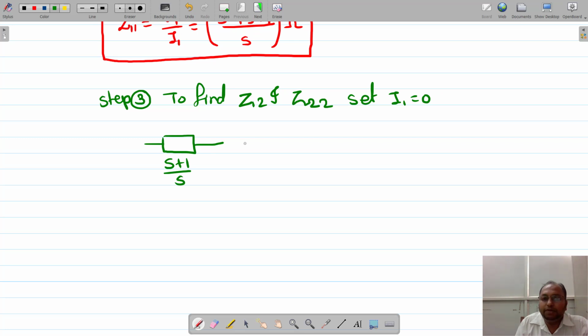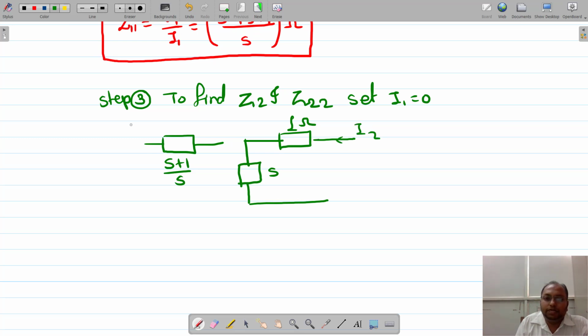It will simply be disconnected from the network, and the only two impedances which remain, 1 ohm and S, will be in the picture. This is nothing but I2. Over here I1 is 0, but V1 will not become 0. V1 will be the drop across this particular S because of I2 now.